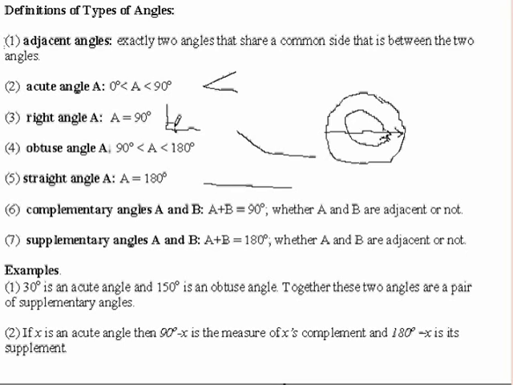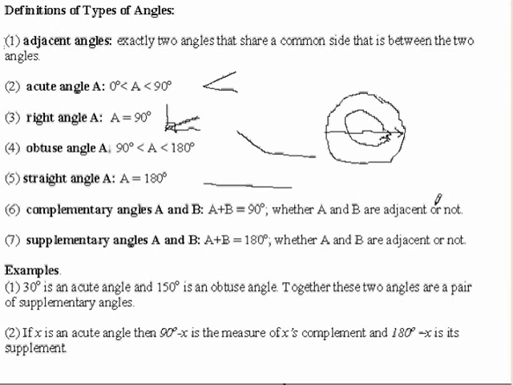Okay, so one of the mental images we have is take this right angle here and split it into a pair of adjacent angles, and there we have a pair of complementary angles, which is true. If we take a right angle and split it into two adjacent angles, the sum of them is going to be 90 degrees. There's no way around that.